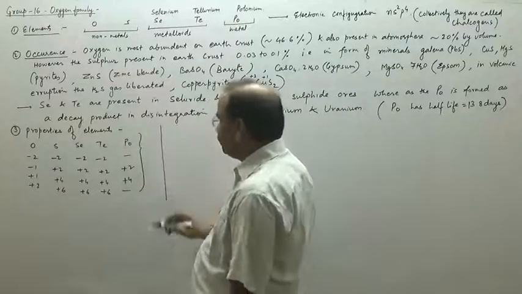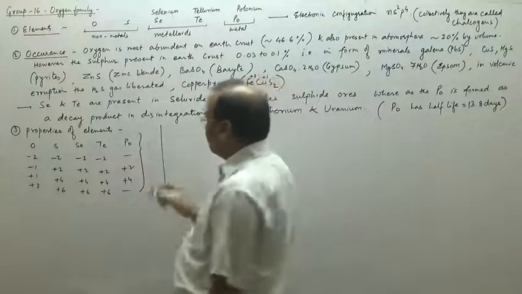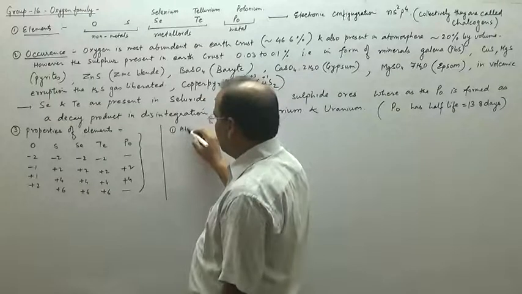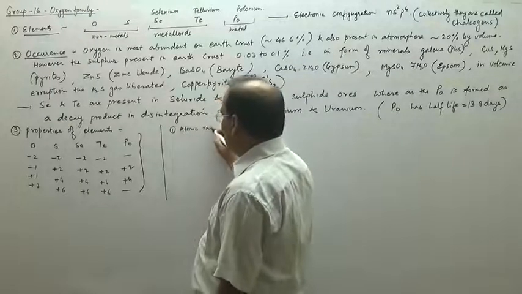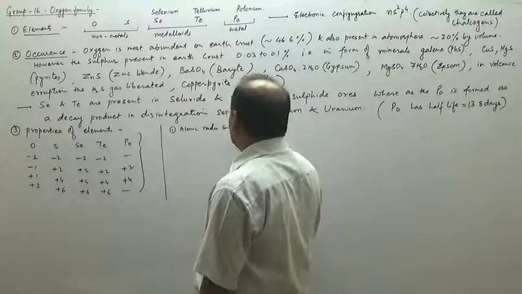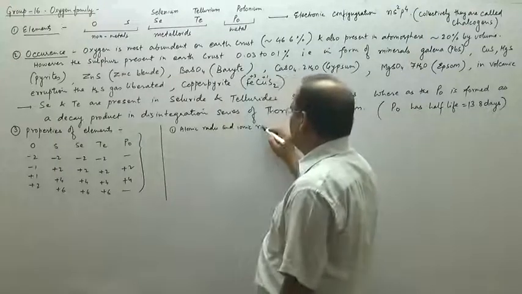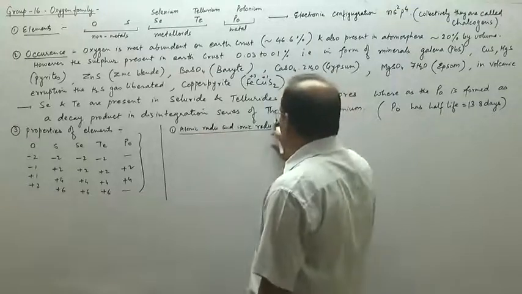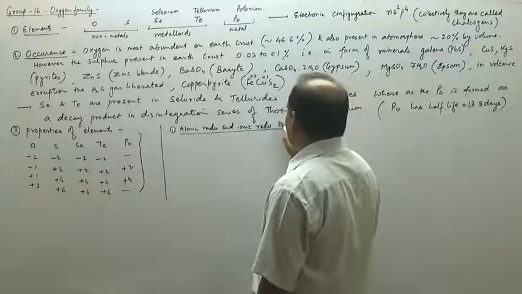Now we can discuss other properties, like atomic radii and ionic radii. The ionic radii I am talking about is for the element in the -2 form.